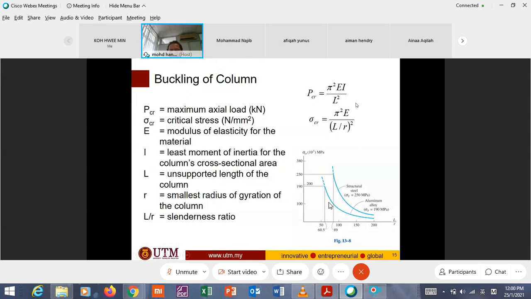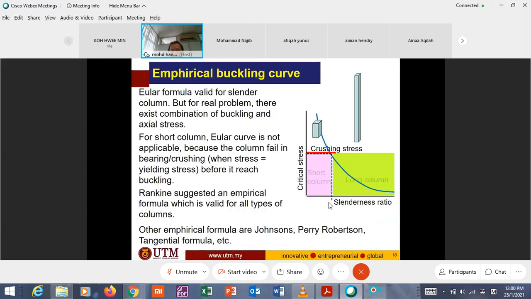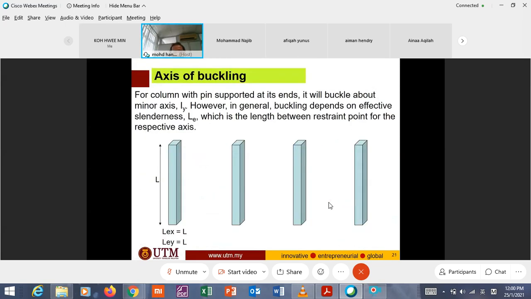Because P critical is the least value, or smaller value, of Ix and Iy. So it will buckle about the minor axis, the axis with lesser I, moment of inertia. Okay.